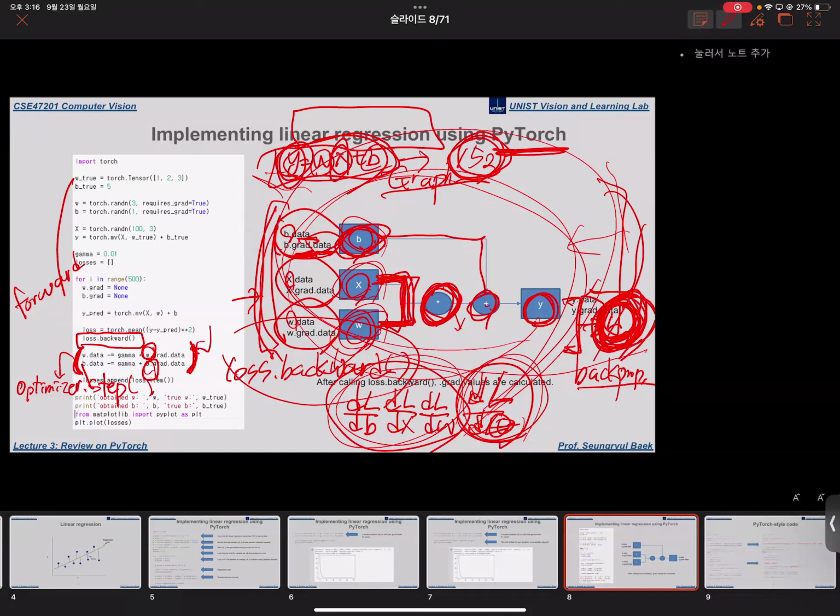You may need 200 lines of code, which is too many to specify individual parameters.